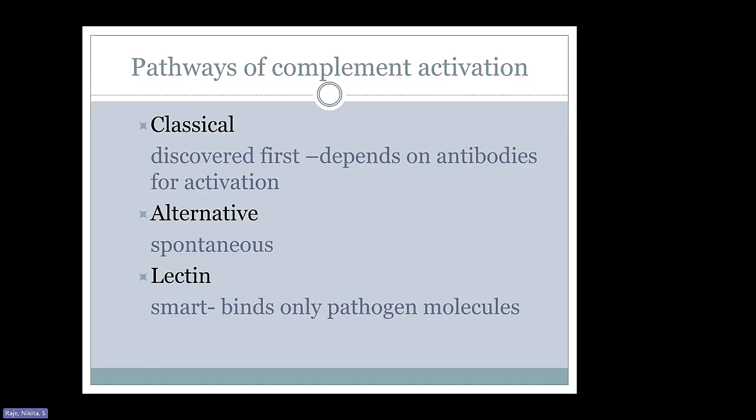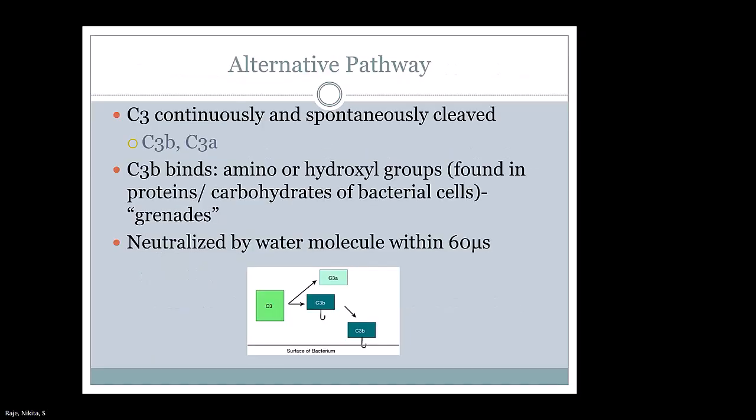But it was found later on and is called the alternative complement pathway. And then the lectin pathway is the smart complement pathway, which means it only binds to the pathogen molecules. That's your mannose binding lectin pathway.